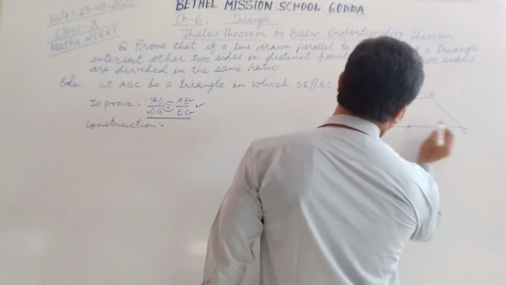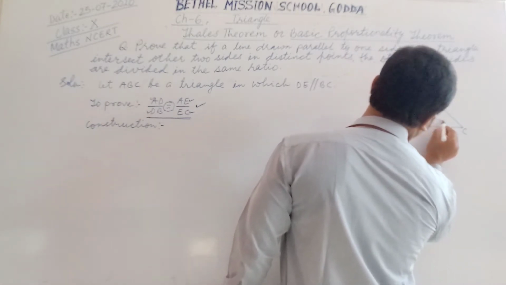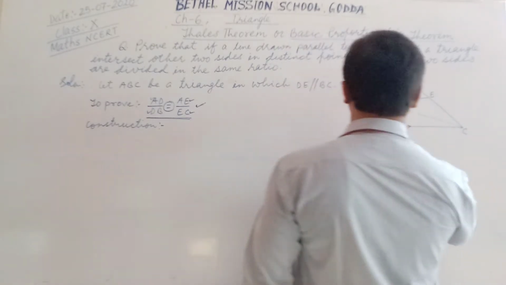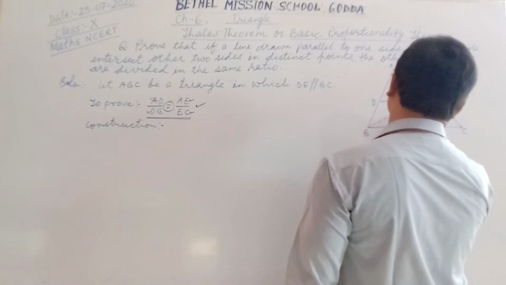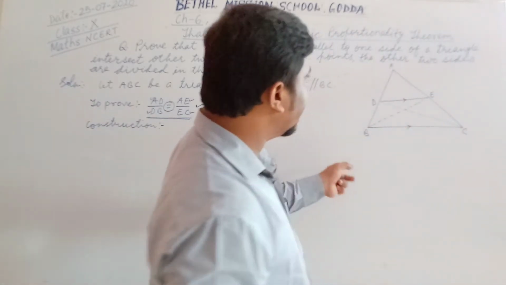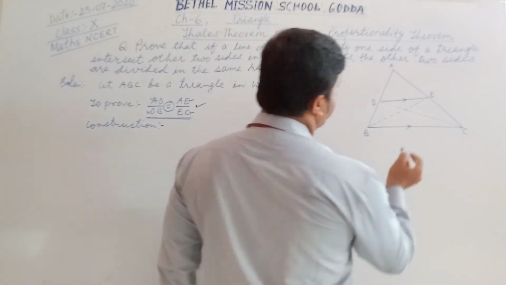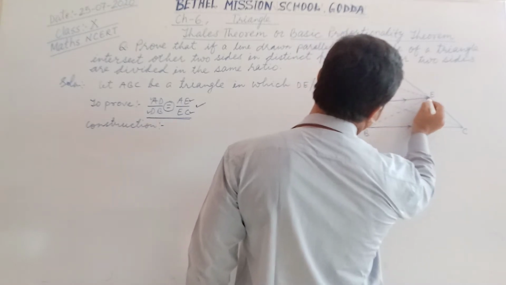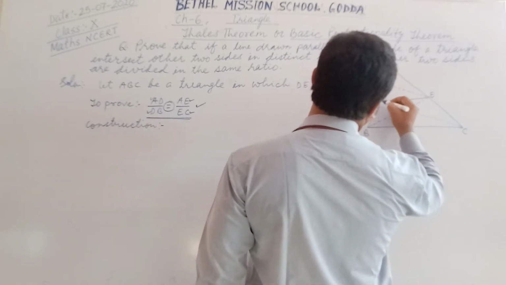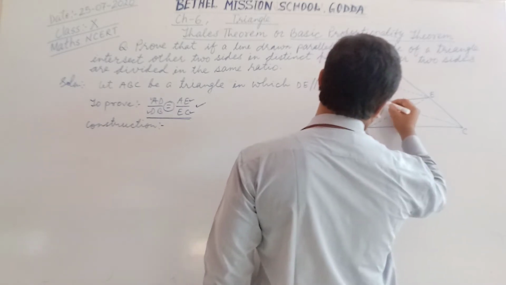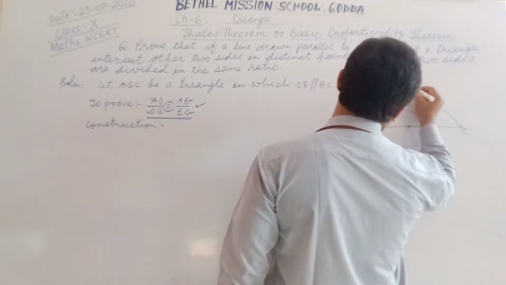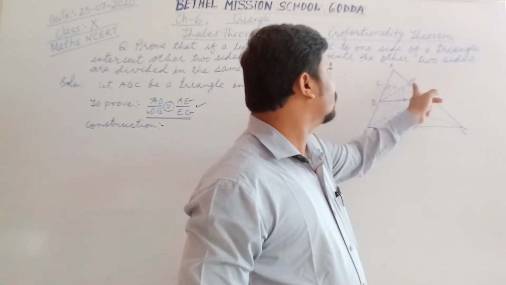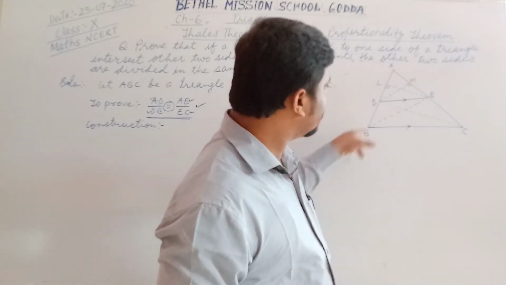We will join D and C, and B and E. DC and BE we join, and we draw the perpendiculars DM perpendicular to AC and EL perpendicular to AB.